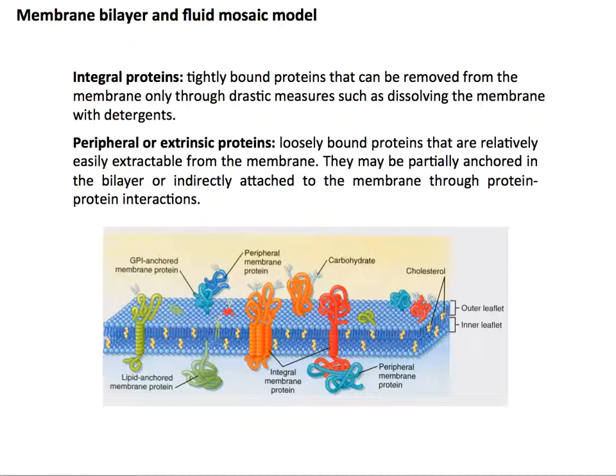The integral proteins can only be removed when you use a drastic measure, such as using a detergent. The peripheral proteins can be separated by milder methods, such as disrupting the electrostatic interactions and hydrogen bonding, and then they'll come off.